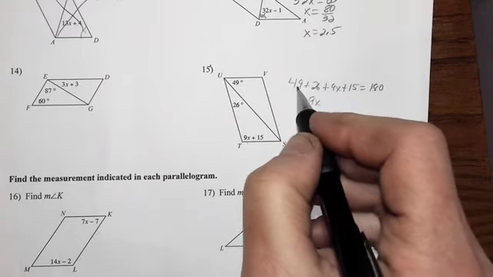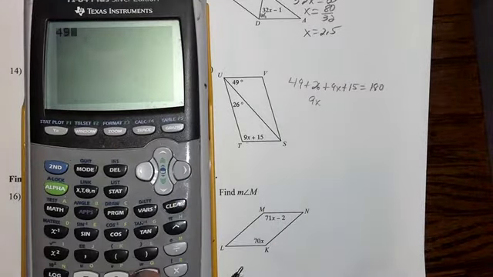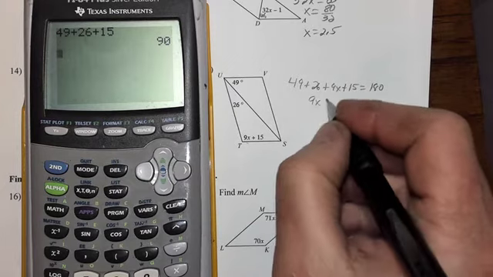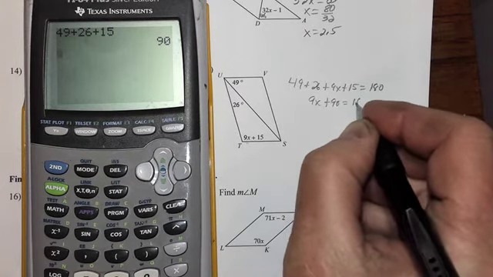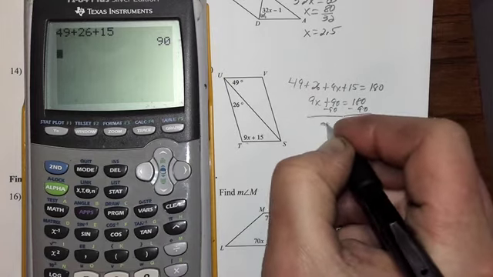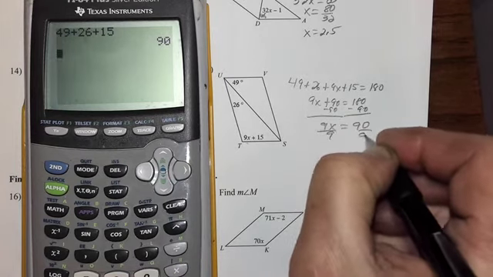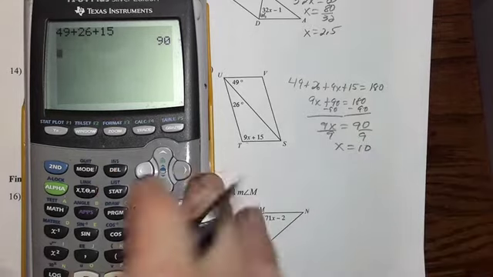So 9x, just take a calculator, 49 plus 26 plus 15 plus 90 equals 180, minus the 90, and I get that 9x equals 90, divide by 9, and I get that x equals 10.